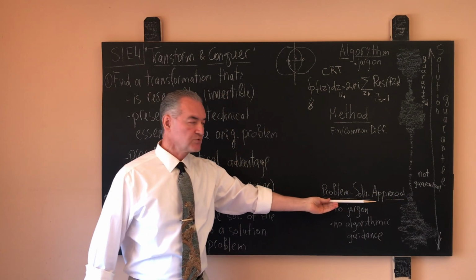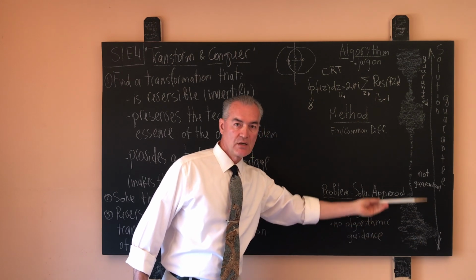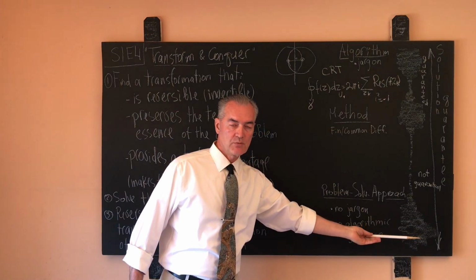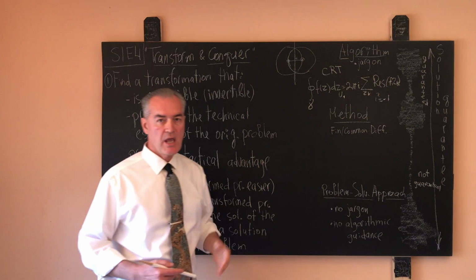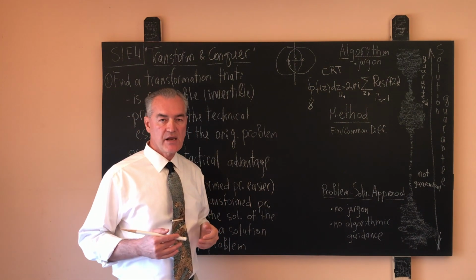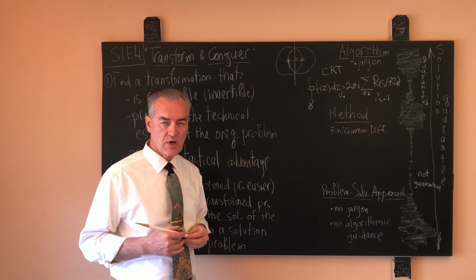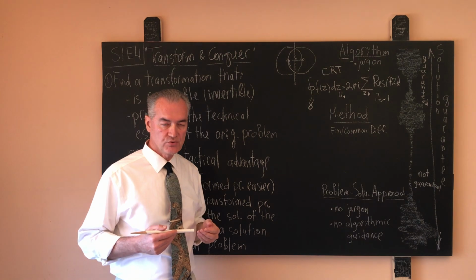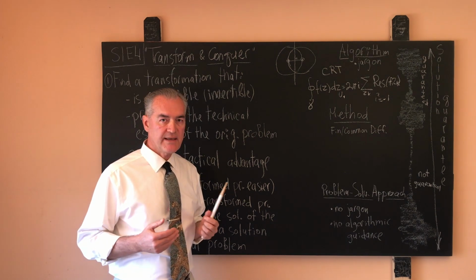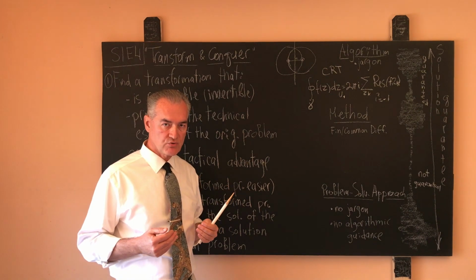Now, a problem-solving approach sits on the very bottom of the guaranteed solution of a problem spectrum, because a problem-solving approach does not really make any guarantees of any kind that a solution of a given problem will be produced. What are the characteristic features or properties of a problem-solving approach?